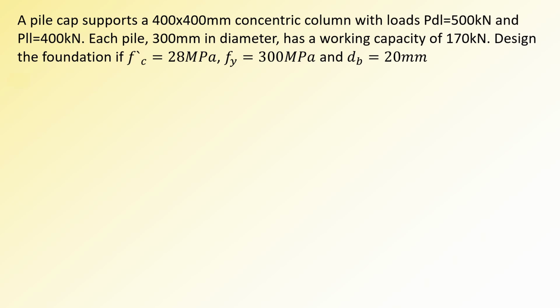The foundation should be designed with the following material properties: compressive strength of 28 MPa, steel yield strength of 300 MPa, and a reinforcement diameter of 20 mm. Let's break this down step by step to determine the required pile cap design.